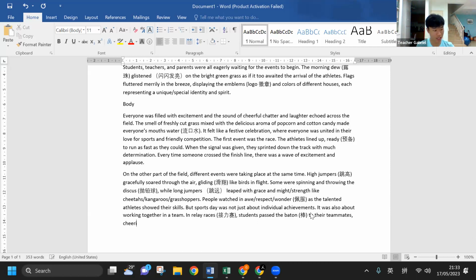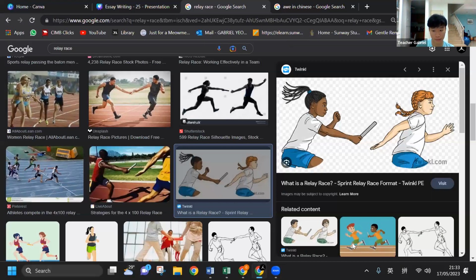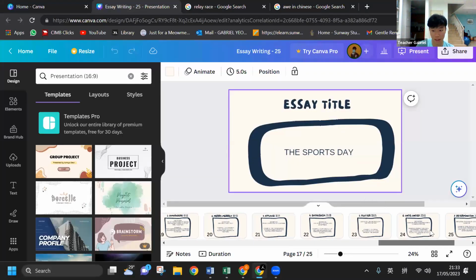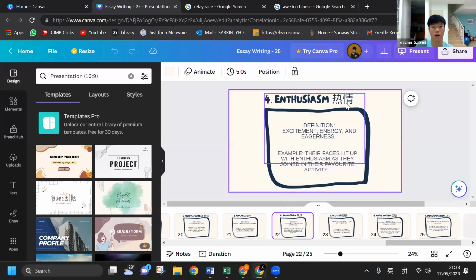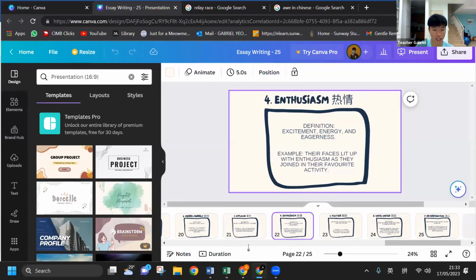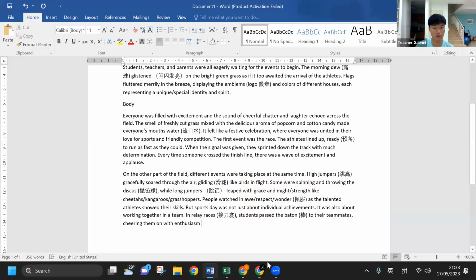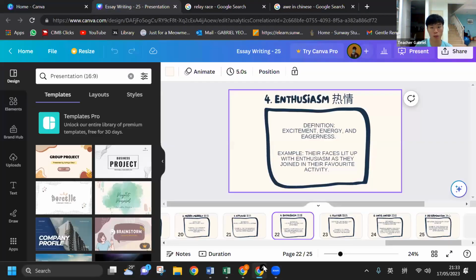Okay, cheering them on with enthusiasm. Right, 热情，很热情的支持他们, right, cheering them on. Okay, so enthusiasm 很热情, okay, cheer them on with excitement, with energy.